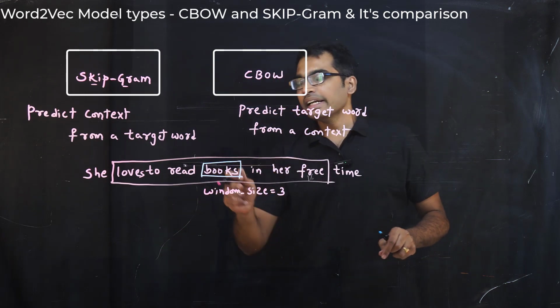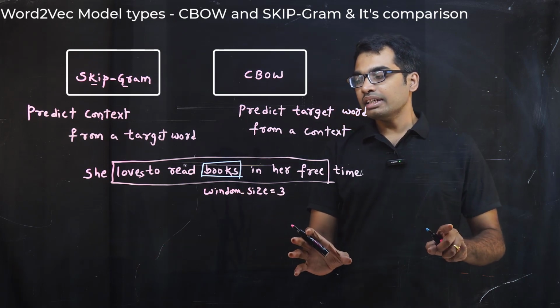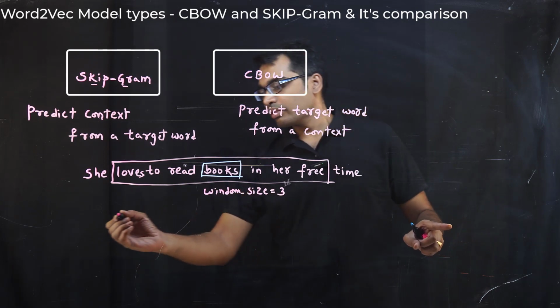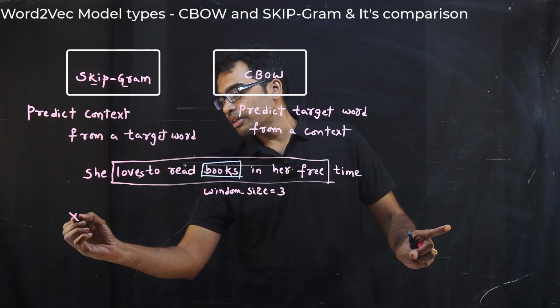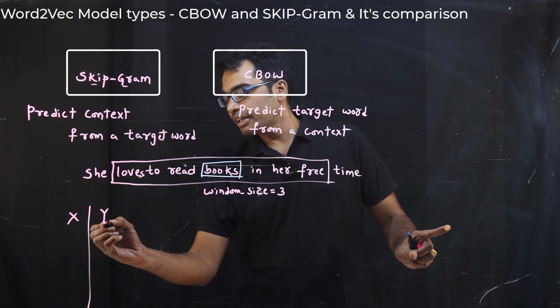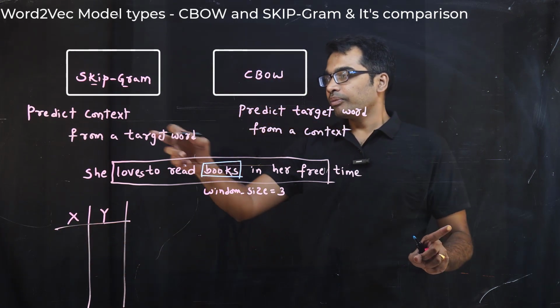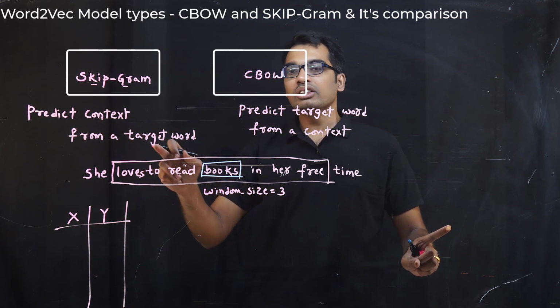Now let's make the training data and see how it looks in skipgram and CBOW. In the skipgram, we have x and the dependent variable y, predicting the context from a target word.